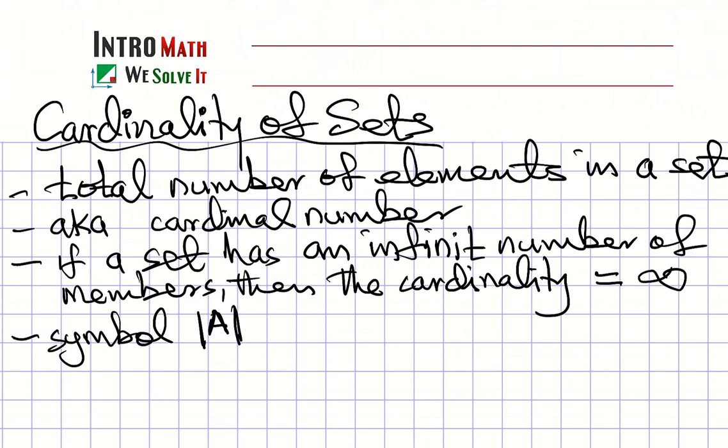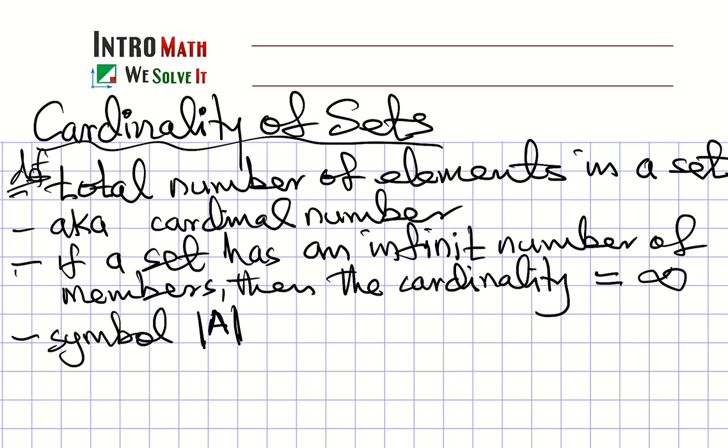Our next topic is the cardinality of sets. Cardinality is defined as the total number of elements in a set. Simple. Sometimes it's also called a cardinal number.